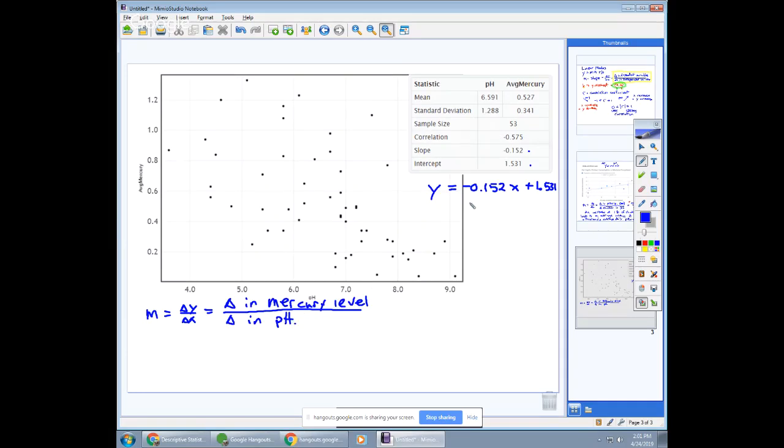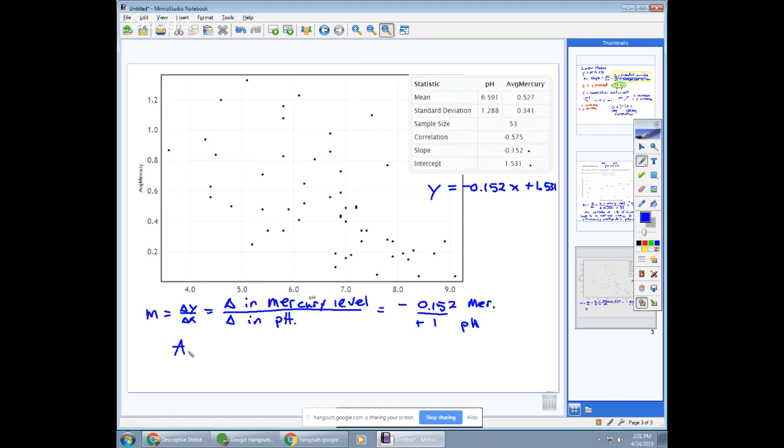All right, so the slope here is negative 0.152 over 1. And so this right here must be the mercury, and this right here must be the pH. All right, so usually we let the independent variable be positive, and then the negative gets to the numerator for the dependent.